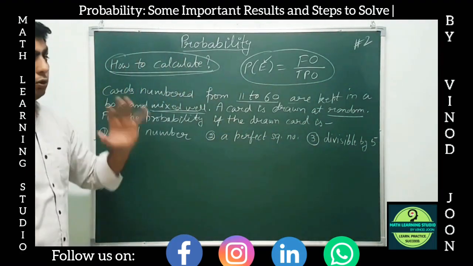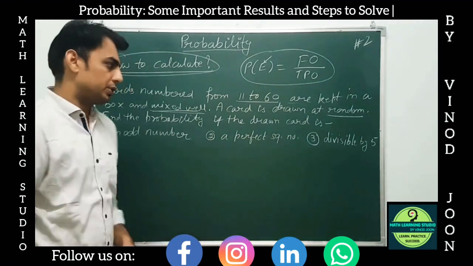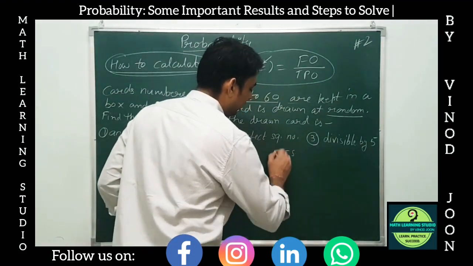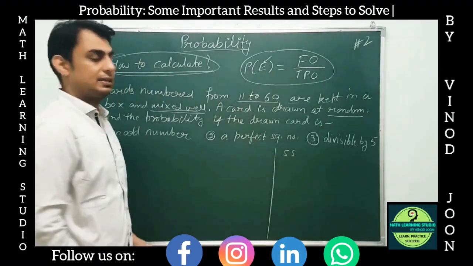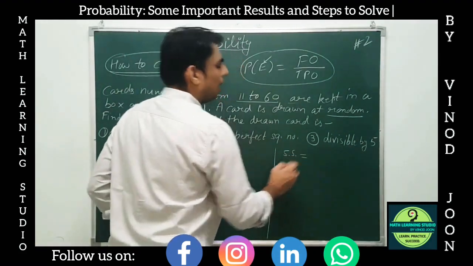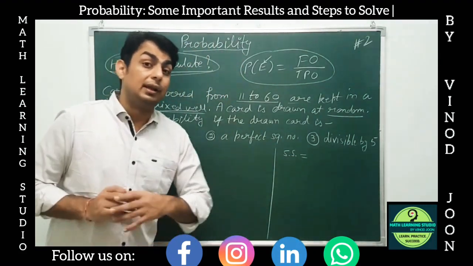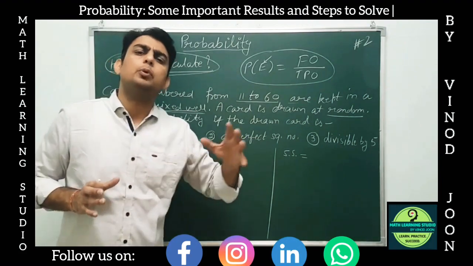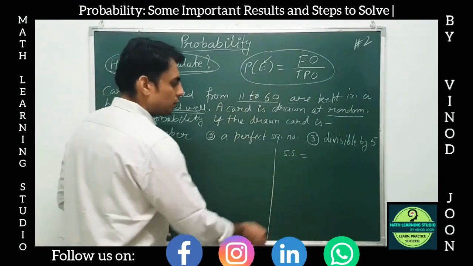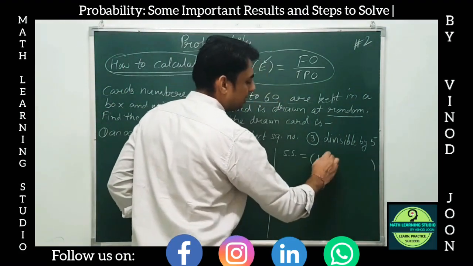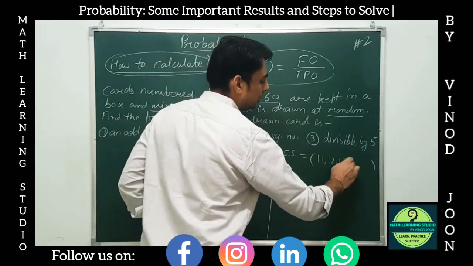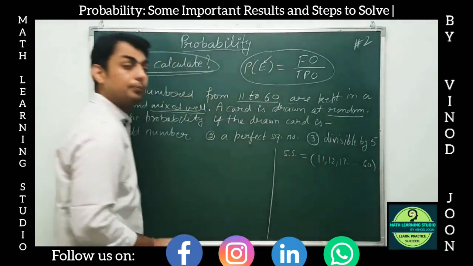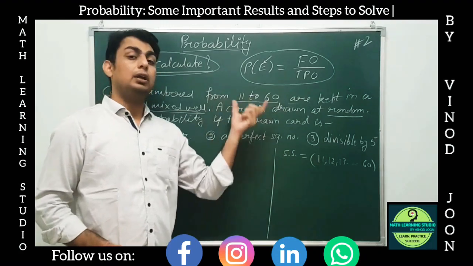Okay, so the very first thing when we solve this kind of question is to prepare or find the sample space, SS. So sample space means what? The list of all the possible outcomes. All right. So here the sample space will be 11, 12, 13 till 60, because it is from 11 to 60.